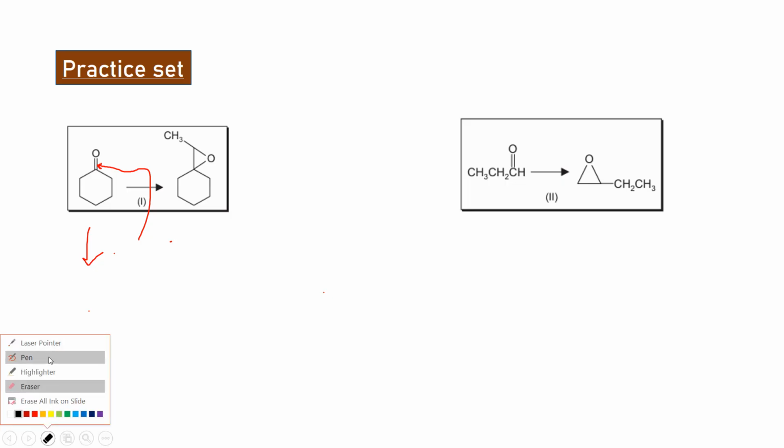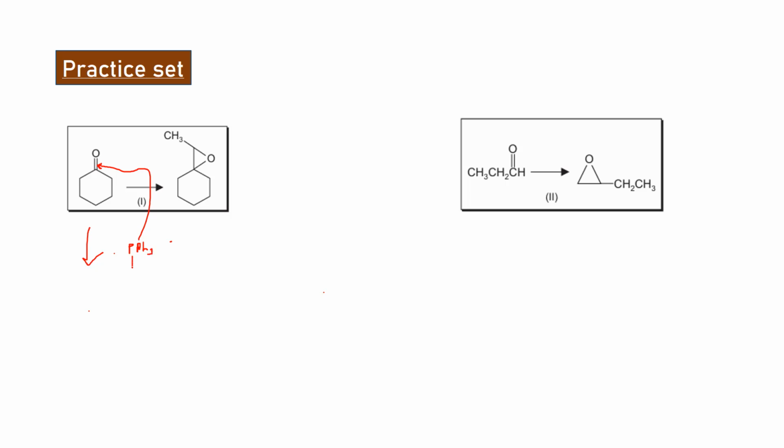So if you add a Wittig reagent, a specific Wittig reagent like this, PPh3, CH2CH3.